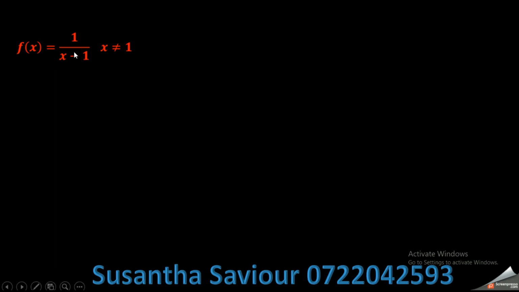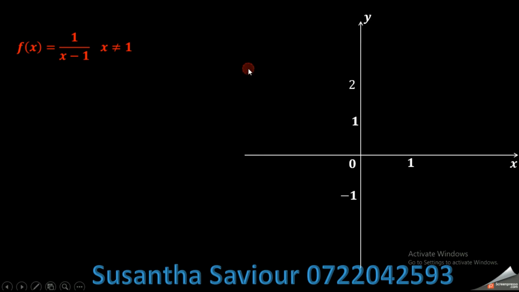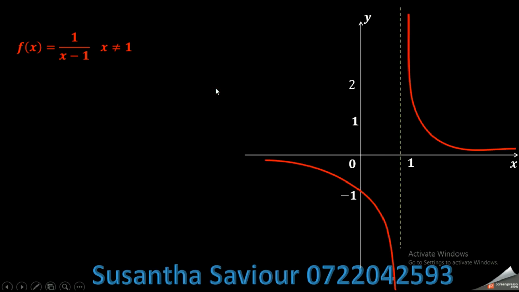This is a kind of curve we met earlier also under another transformation. Look at this. We first try to sketch it. Here x equals 1 is the asymptote and it is like this, right? Now we subject this function to different transformations.